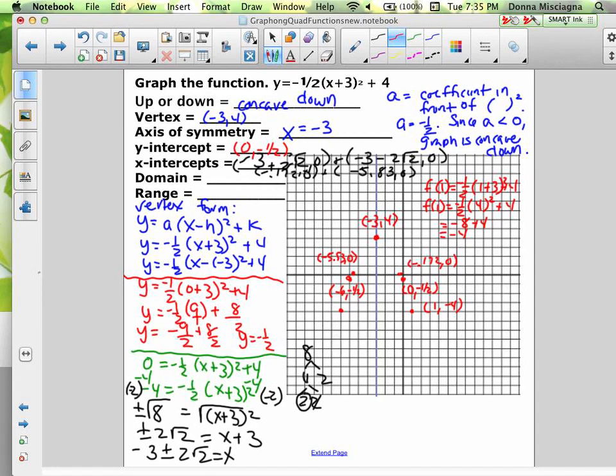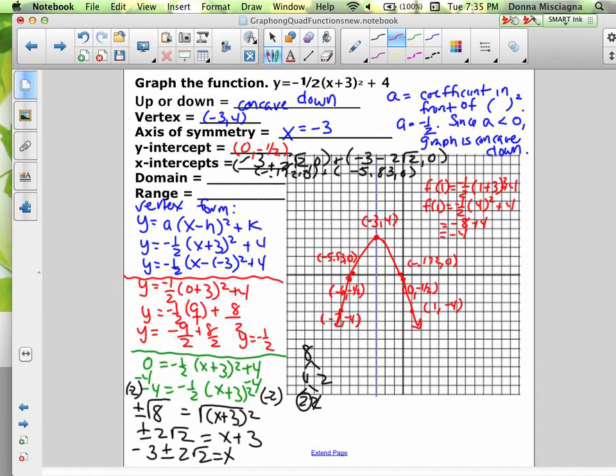So that'd be negative 7, negative 4. I just use the fact that the graph is symmetric about that axis of symmetry. And now I have plenty of points. All right, so it's not a requirement to get extra points, but if all your points are really clustered together and you feel like you don't have a whole lot of graph, you can always get one more.